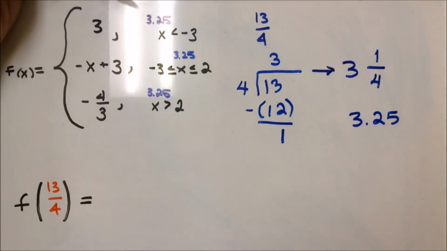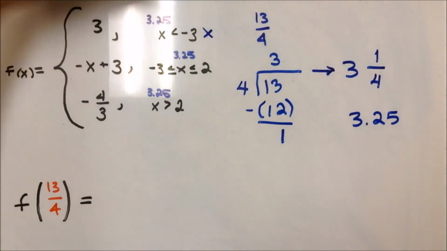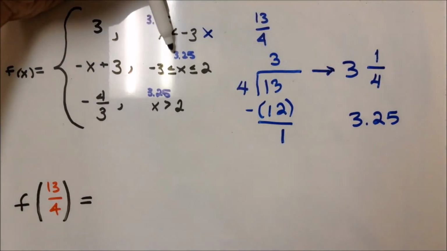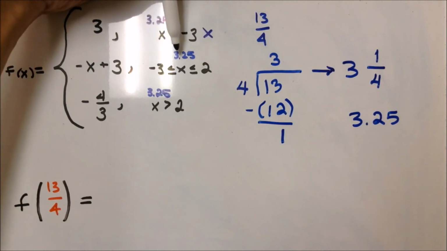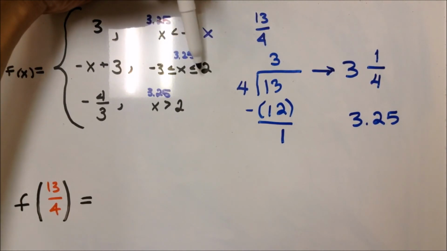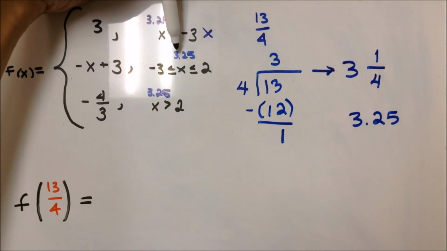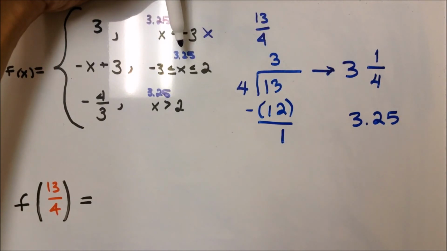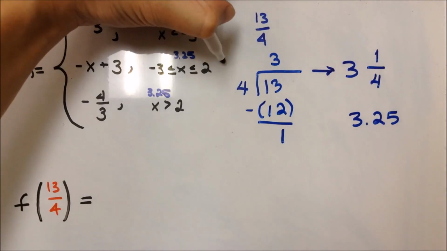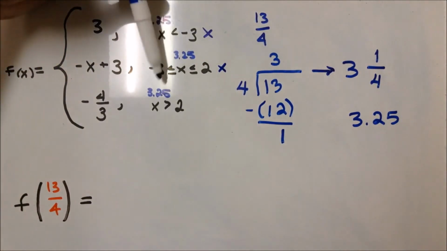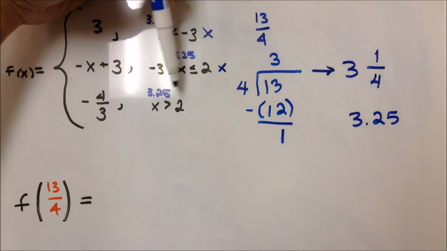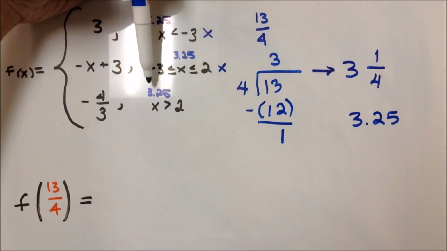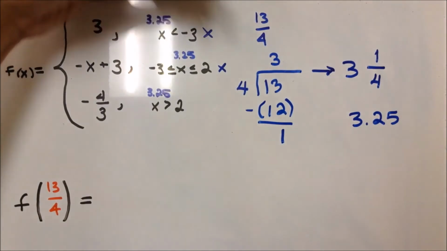Well, we know that a positive is not less than a negative, so this one, false. 3.25 is greater than negative 3, but let's check this side. 3.25 less than or equal to 2. Well, the 3, the whole number right here, is greater than 2, so therefore it cannot be less than 2. So it will not fit here. Last one, 3.25 is greater than 2. Well, yes, it is greater than 2, so this one, it will work.